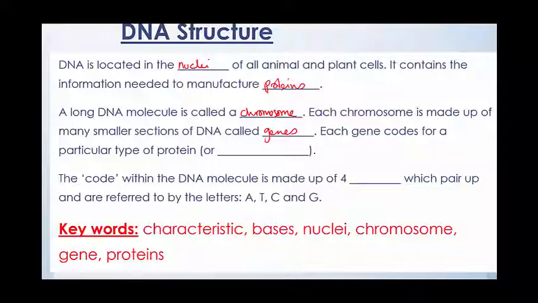Each gene codes for a particular type of protein or characteristic. The code within the DNA molecules is made up of 4 bases which pair up and are referred to by the letters A, T, C and G.